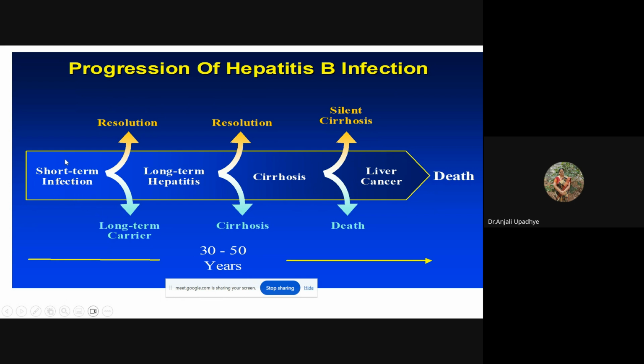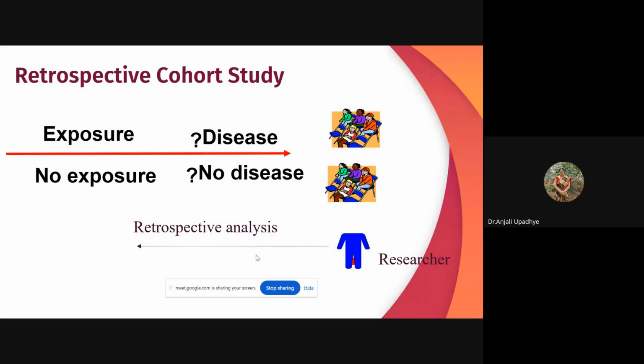The short-term infection has just happened, but at the age of 30, then death will be from liver cancer at the age of 50. This is the progression of hepatitis B. In this case, these 30 to 50 years make a cohort study, totally a cohort study of 20 years. Then this will lead to the study.